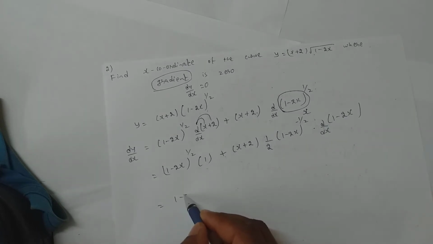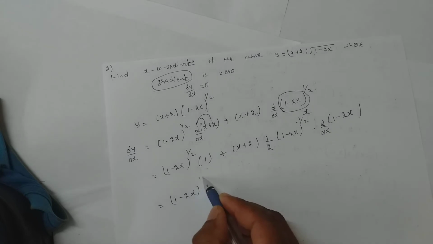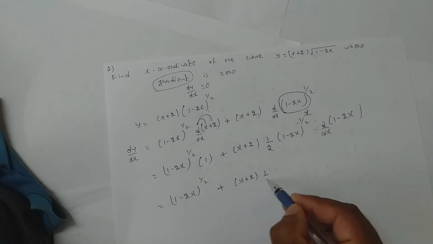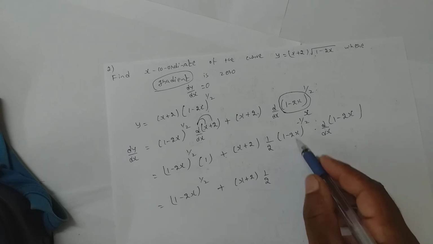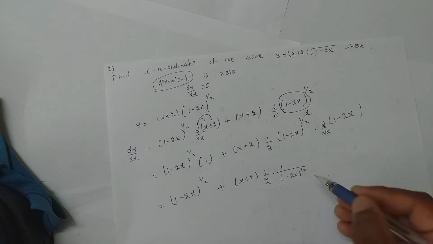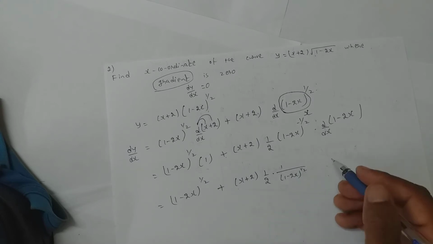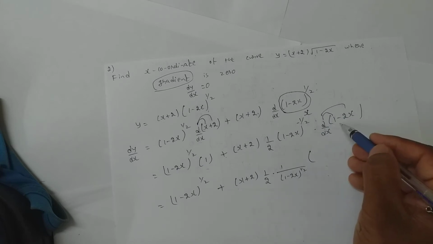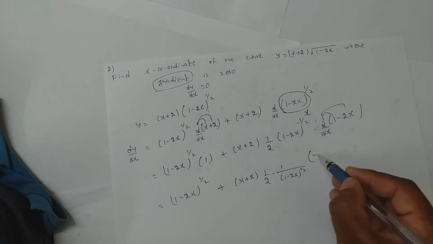So now it is 1 minus 2x power half plus x plus 2 half. I am taking this down, so it becomes plus half. Why? To cancel out, to take the LCM. And here this gets applied to 1 and also on to 2, I get minus 2.